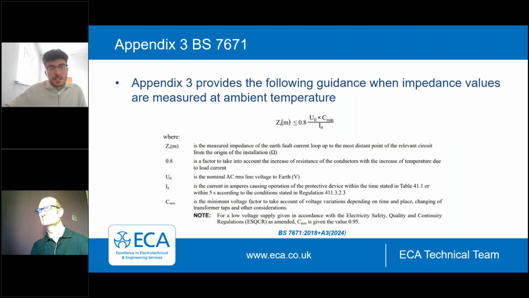Now, this is to base it on ambient temperature. And these are the values that you find within the On-Site Guidance Note 3. And it's based on the standard 70-degree cables being brought down to a temperature of 10 degrees.